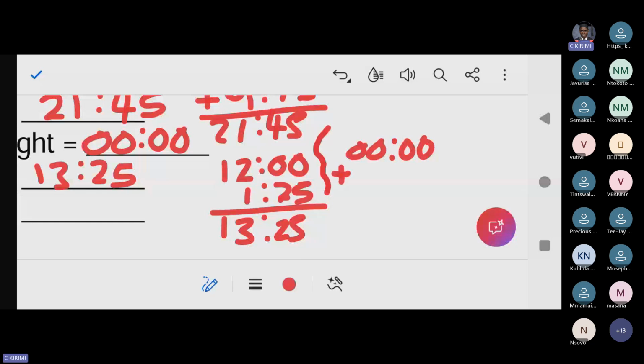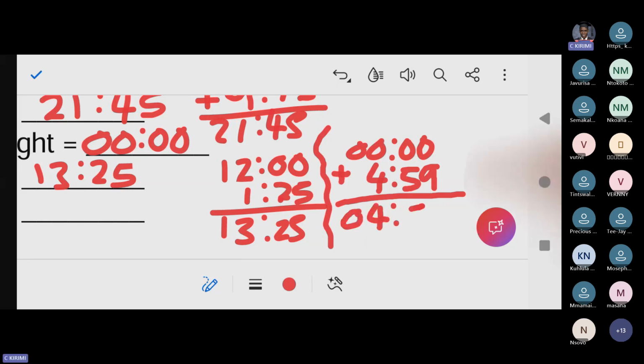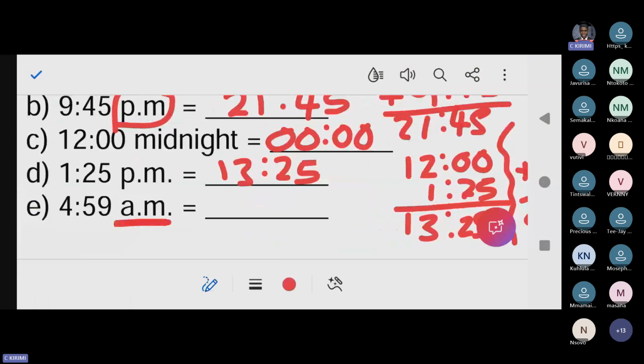Then our time in 24-hour notation is 0459 hours.